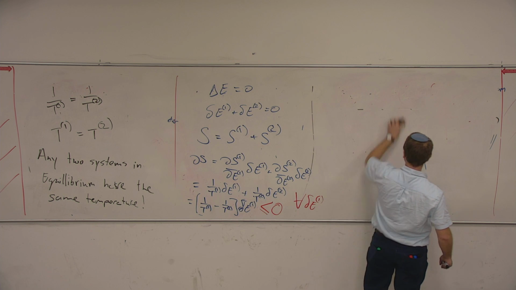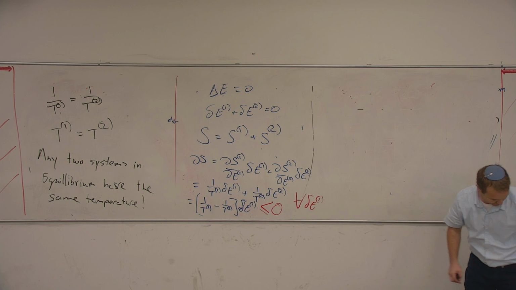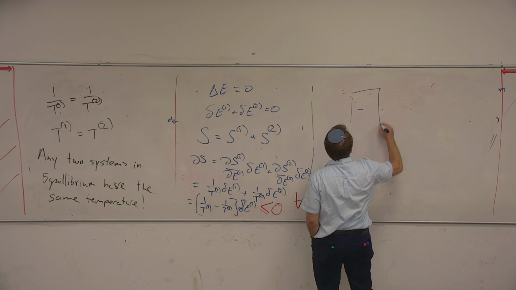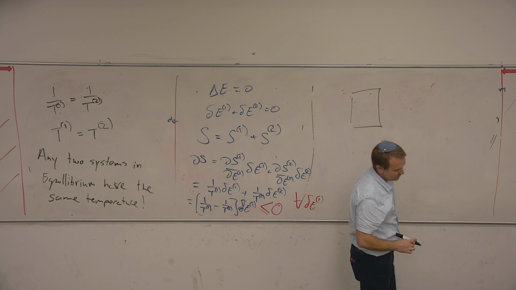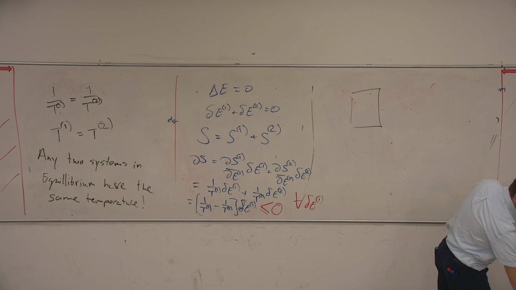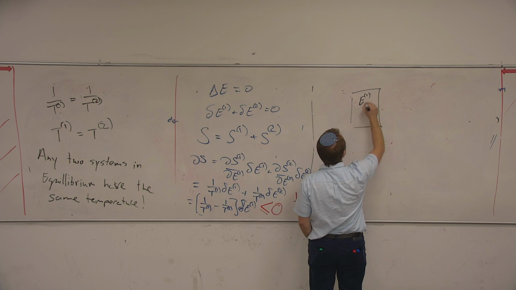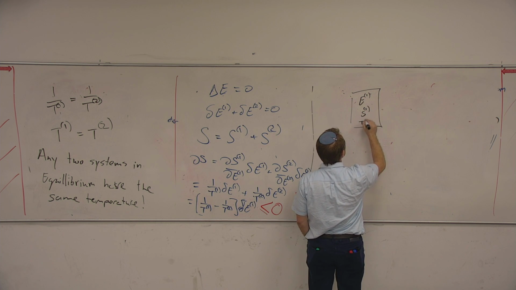Okay. Example number 2. What is the other example? We have two temperatures, two systems. E1, S1, T1.